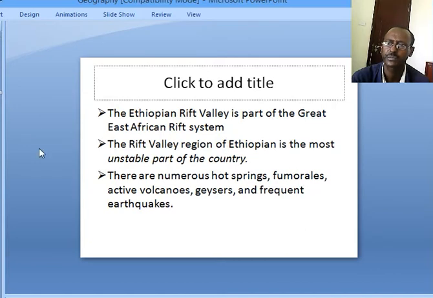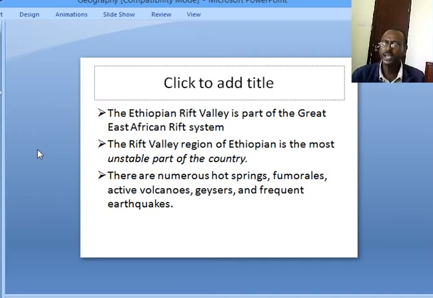The Ethiopian Rift Valley is part of the Great East Africa Rift System, which goes from Syria to Mozambique, across Ethiopia. The Rift Valley region of Ethiopia is the most unstable part of the country because it is a fault line.